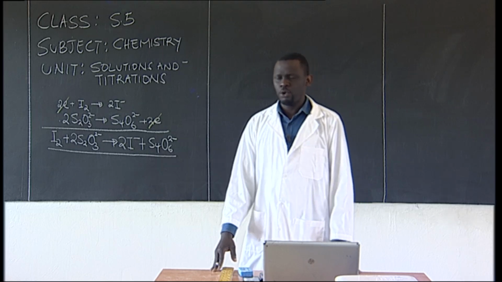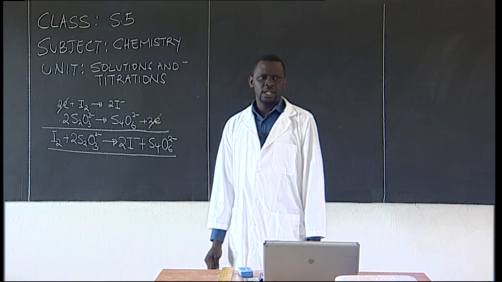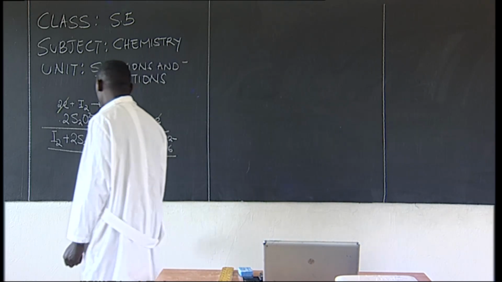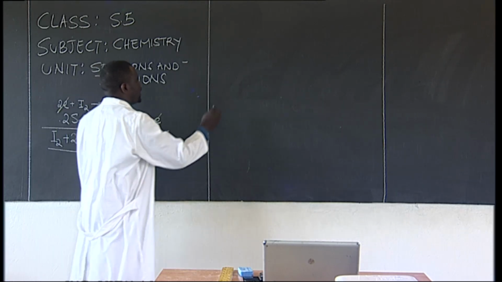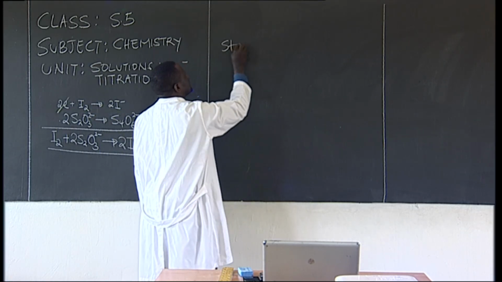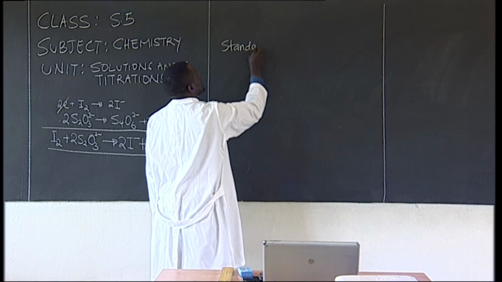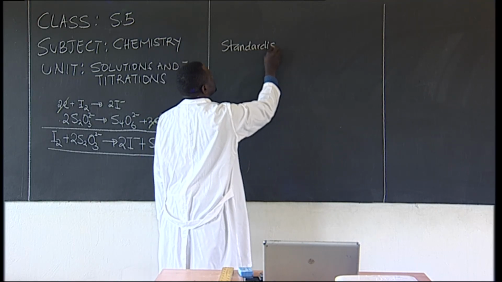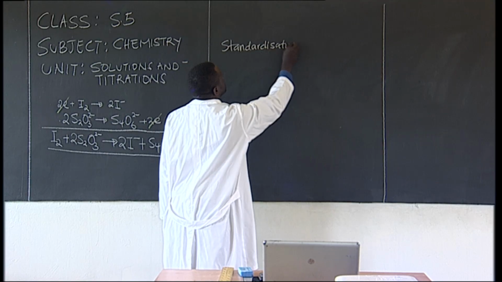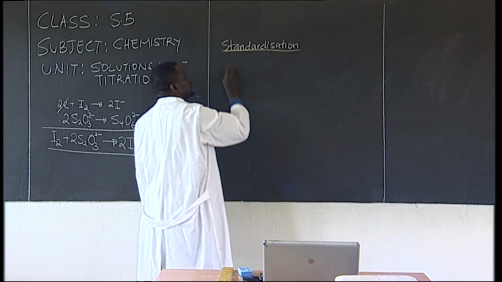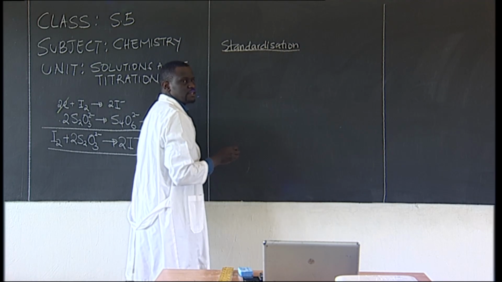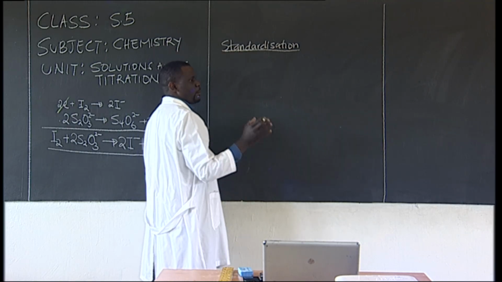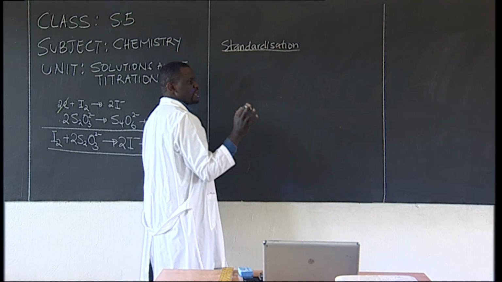So let's quickly go to our calculation. The first thing we are going to talk about today is standardization of solutions. We begin with copper sulfate because we have the molarity and the volume.